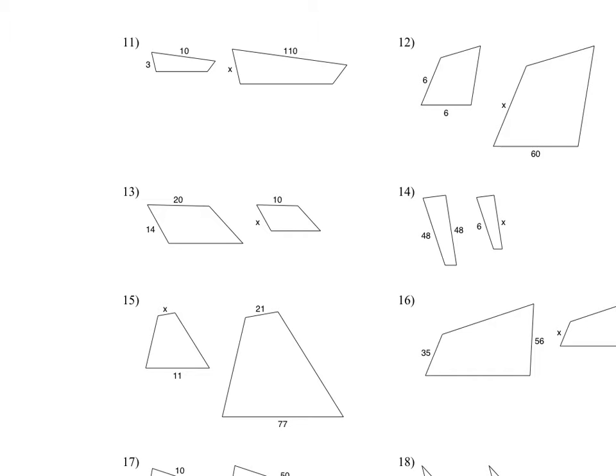Okay, same thing over here. Set up your proportions. I'm going to go 10 over 3, so I'm going to keep it consistent. 110 over x. I'm going to go to this one. 6 over 6 equals x over 60.